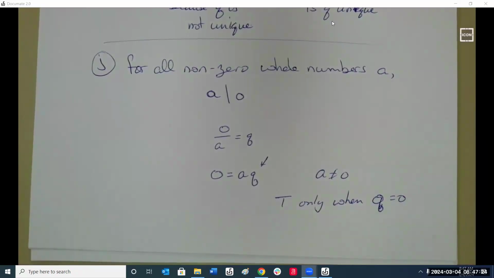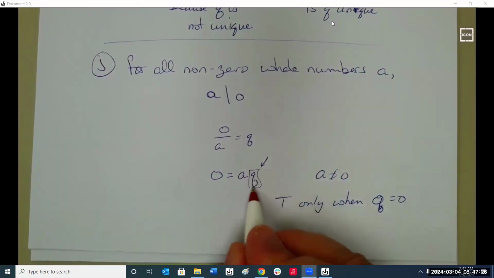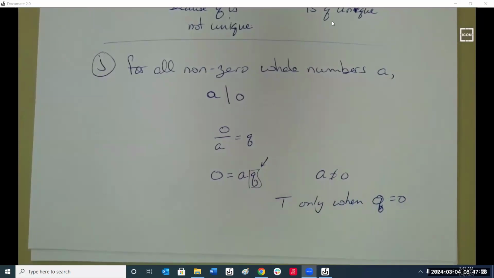It only works one time. It only works if Q is equal to 0. A is not 0. It's everything else but 0. So the only way that this would work is Q is 0. So it is unique.